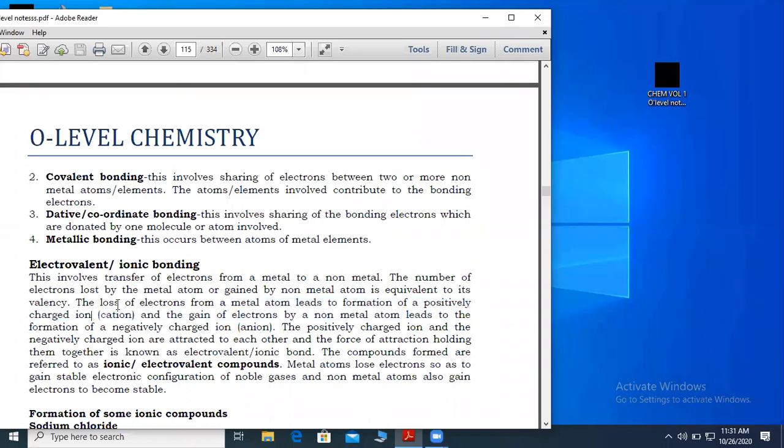So when an atom loses electrons, it forms a positive charge. And the gain of electrons by a non-metal leads to formation of a negatively charged ion. This is again not new to you.